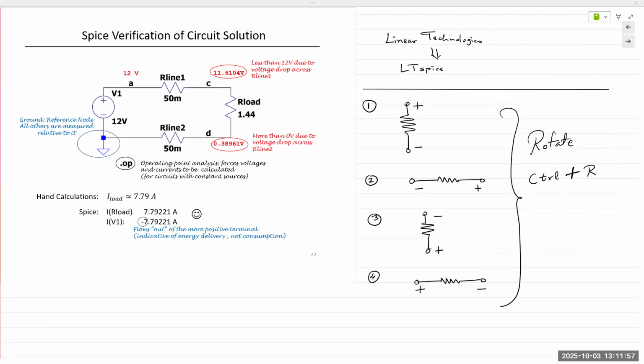So number 5 on the homework. Let's see, dashboard. All right, 115.